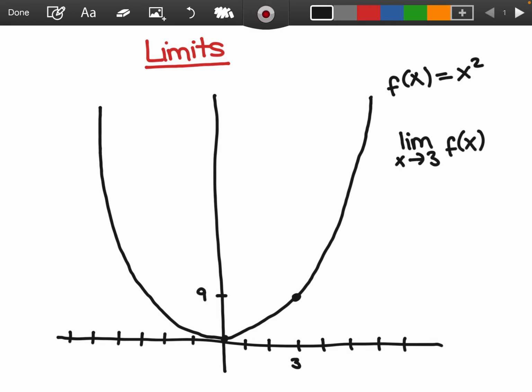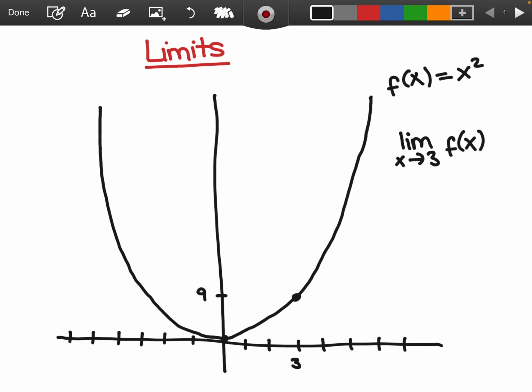Well, I want to look at, as we approach that value x is equal to 3, what does my value of f approach? What does my function value look like as I get closer and closer and closer to x is equal to 3?